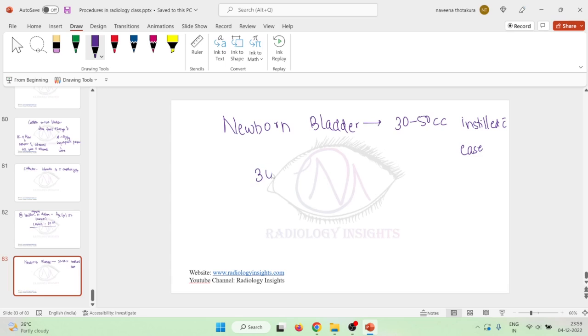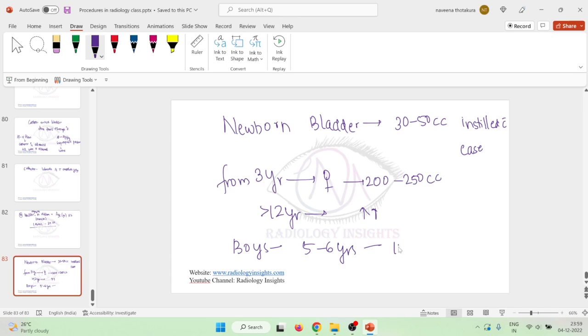From about 3 years, girls can hold up to 200 to 250 cc, and from 12 years it is even more. In boys up to 5 to 6 years of age, the capacity is 100 to 150 cc, whereas older boys can retain up to 250 cc.